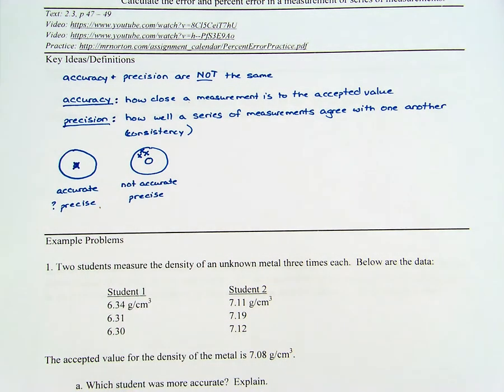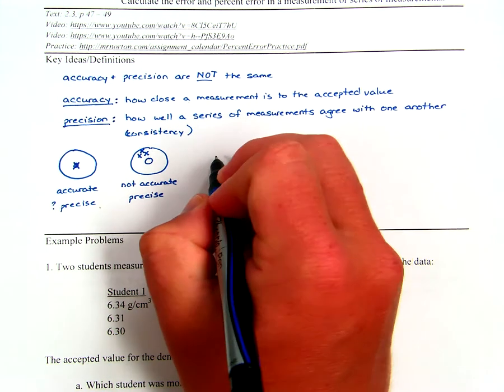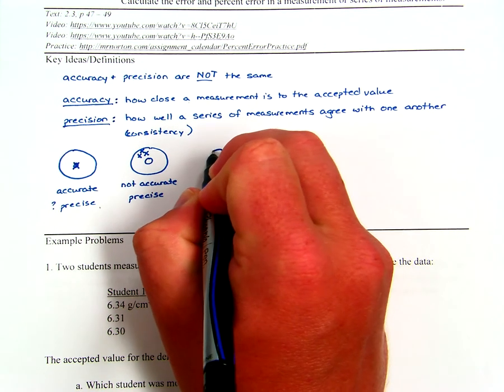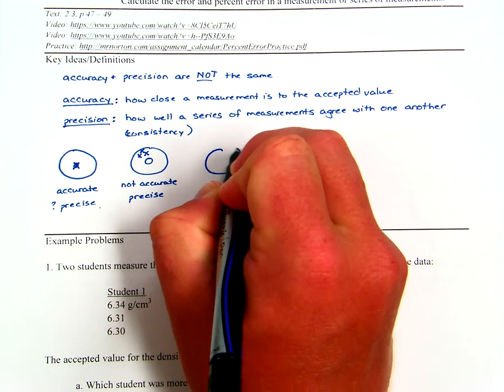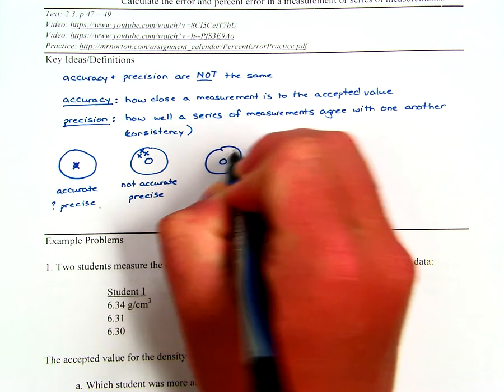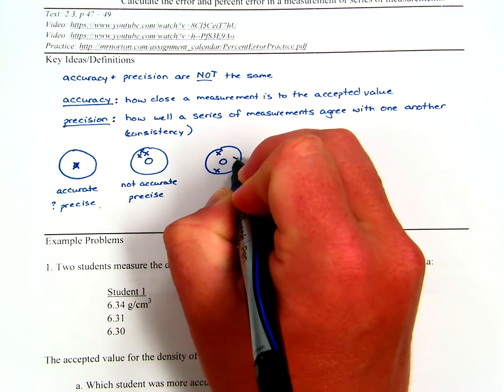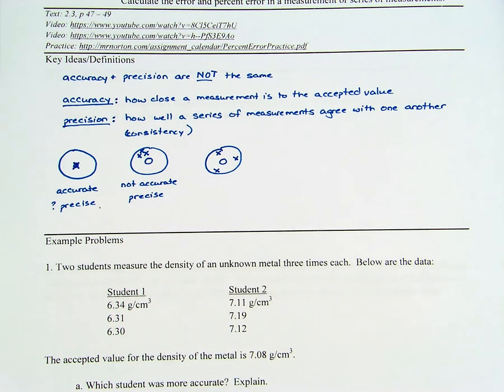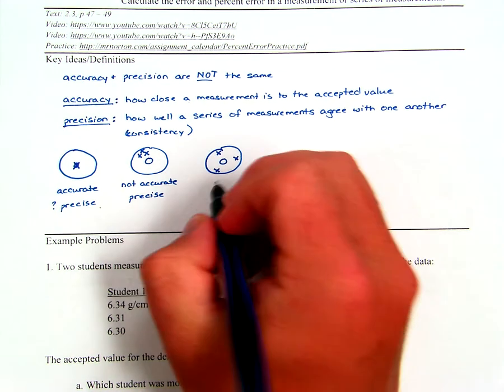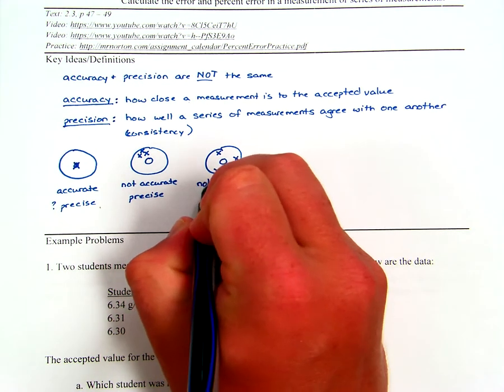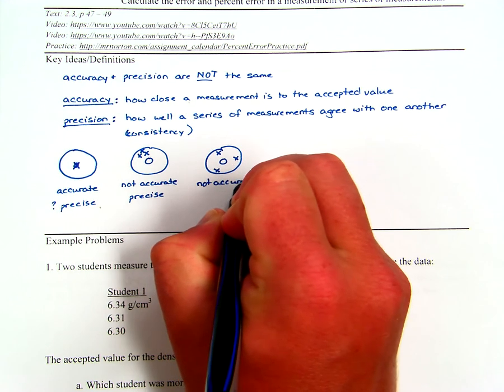All right, let's say we had something like this, where the archer was not very close to the target, nor was the archer very consistent with the location of the arrows. This is obviously not accurate because none of the arrows have hit the bullseye.